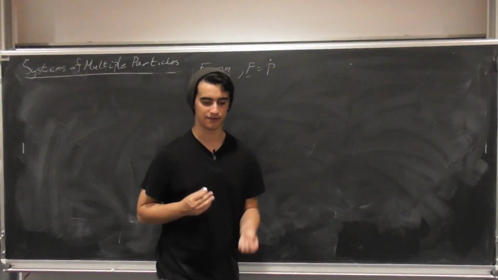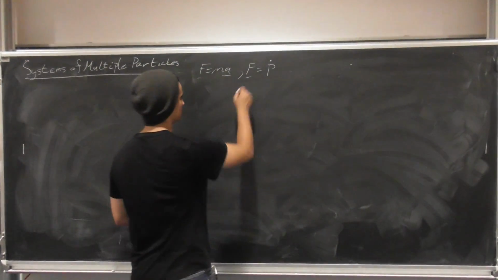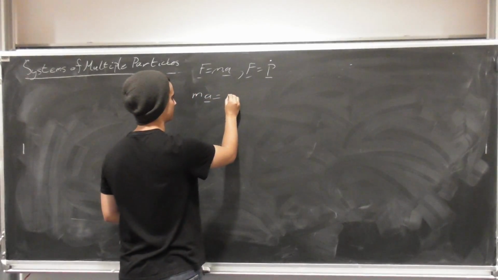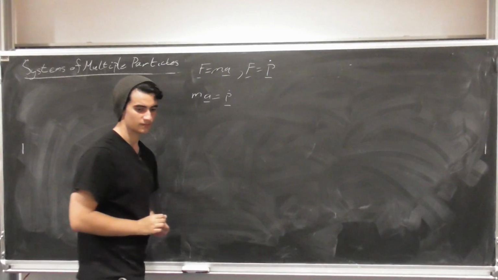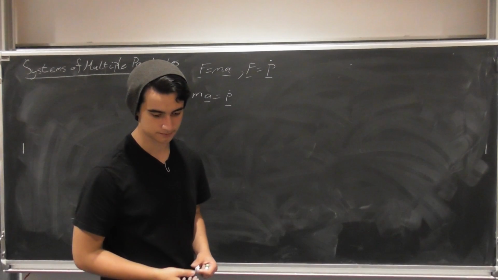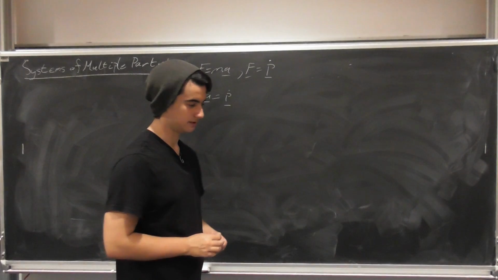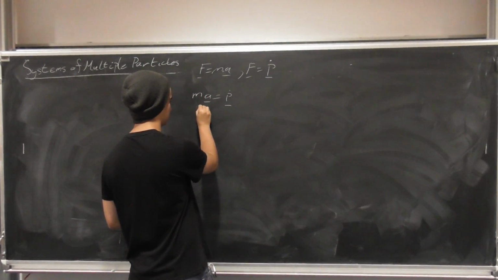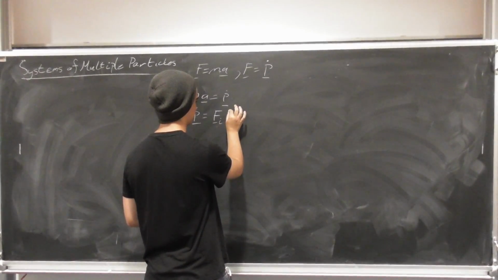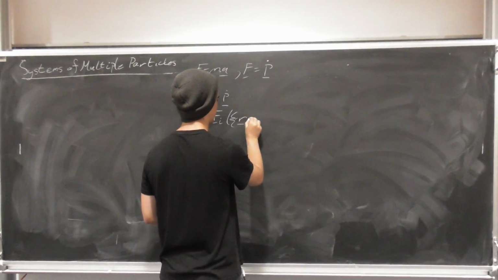So let's take a minute to rewrite what we were talking about before. Here's our first equation: mass times the acceleration is equal to the time derivative of momentum. Then we can also write that the time derivative of momentum is the force vector of all the other positions in the same way that we had before.